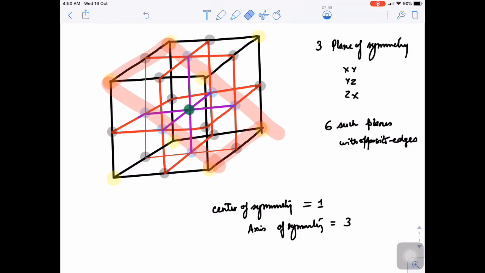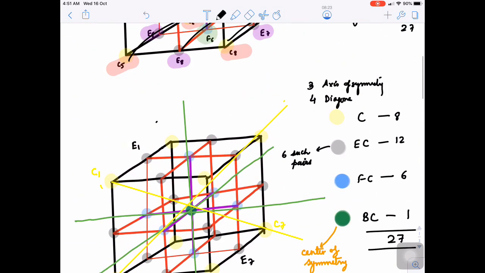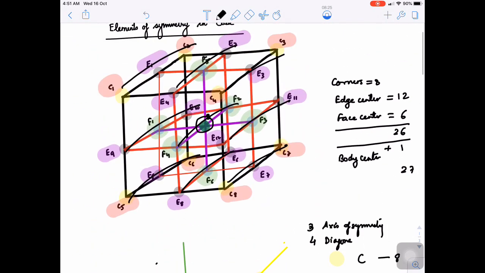So I'm just compiling the whole detail. 3 axes of symmetry, 4 diagonal axes of symmetry. So 4 plus 3 plus 1, this makes 8. Then we connected opposite edges and we have 6 such pairs. That's also an axis of symmetry.